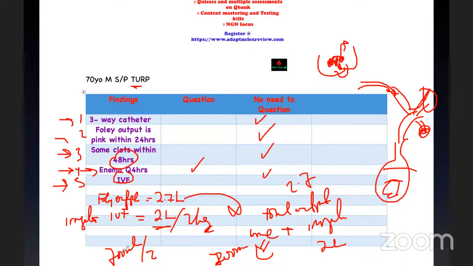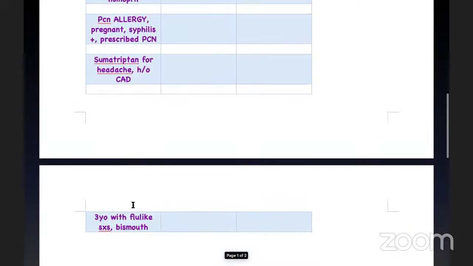And then a patient with penicillin allergy who is pregnant with syphilis positive is prescribed penicillin. What do you think? A patient is prescribed sumatriptan for headache and has a history of coronary disease. And a 3-year-old with flu-like symptoms is prescribed bismuth, right? So what do you think we should do?